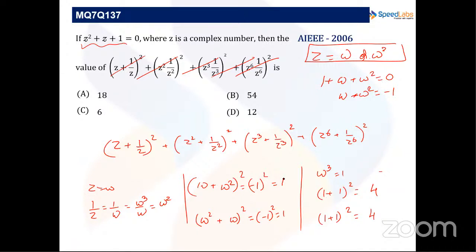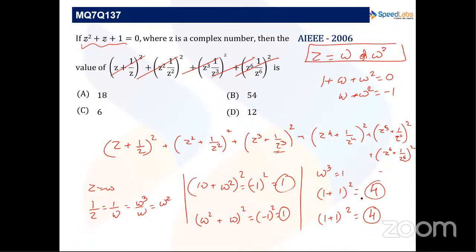So what we are having is 1 plus 1 plus 4 plus 4. As this series z cube, then it is going from 4 plus 5 plus 6. It should be like this only.